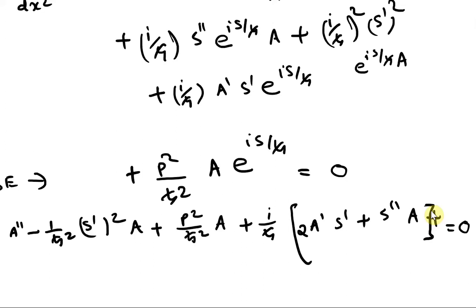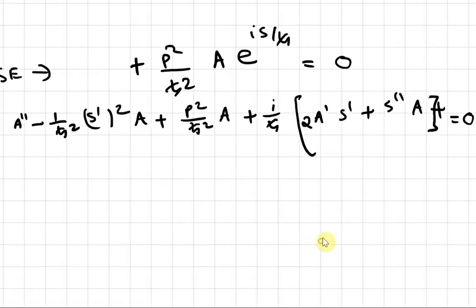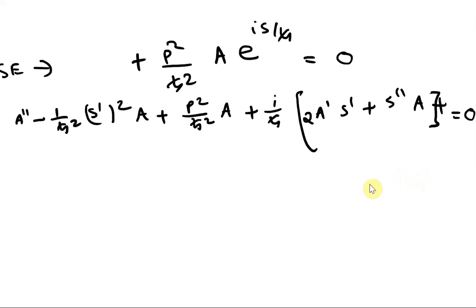So for modification purpose, I'll just multiply the entire equation with h cross square, to get rid of h cross square, and later we'll substitute. And take A outside.